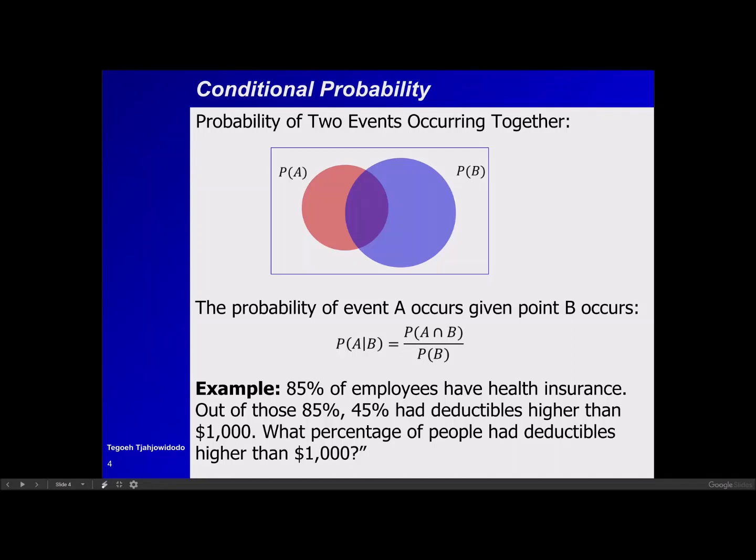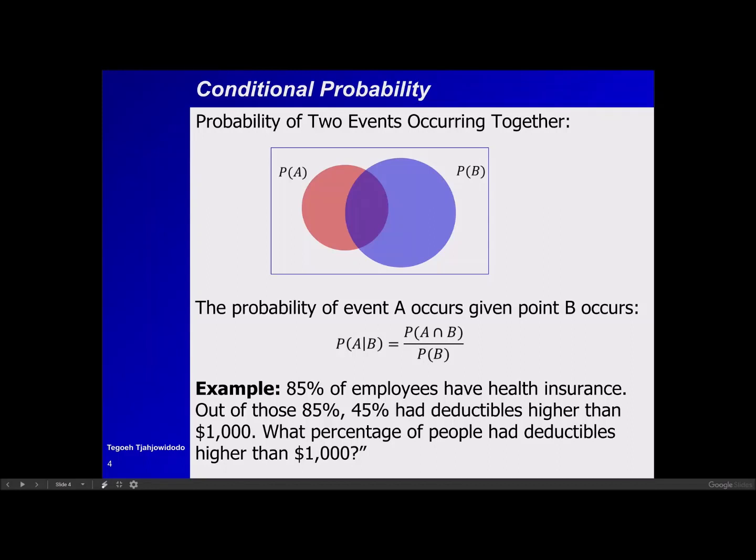So just an example of it, let's say we have 85% of employees having health insurance in a company, and out of these 85%, 45% had deductibles higher than $1,000. What percentage of people had deductibles higher than $1,000?